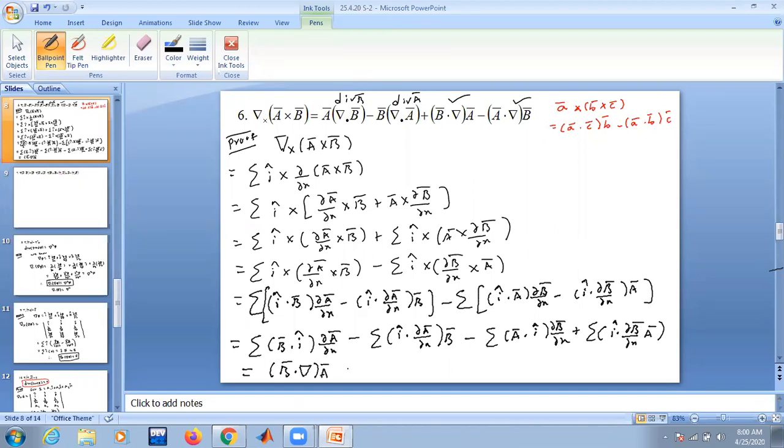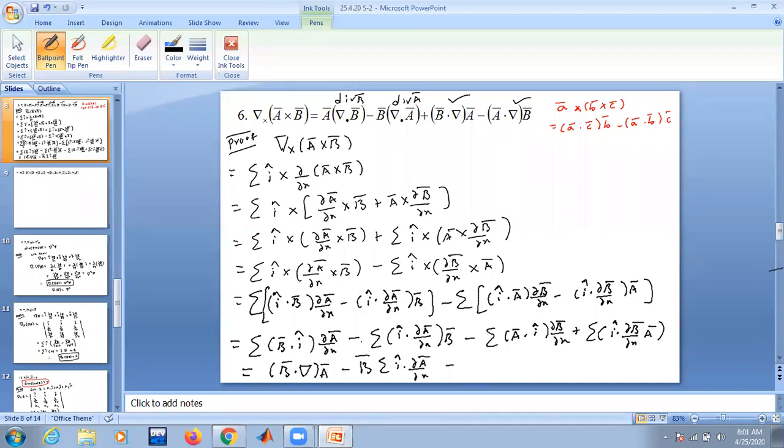Minus, can I bring this B bar outside this summation? Because when you expand, B bar is there in every term: I bar dot dou A bar by dou x plus J bar dot dou A bar by dou y plus K bar dot dou A bar by dou z. B bar is common in every term, so I can write it as B bar into sigma I bar dot dou A bar by dou x.